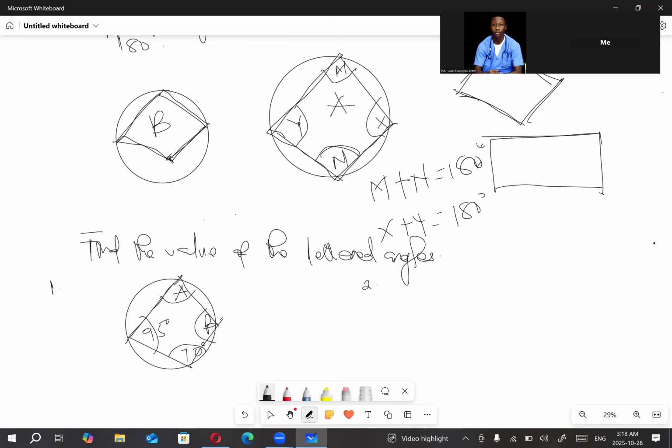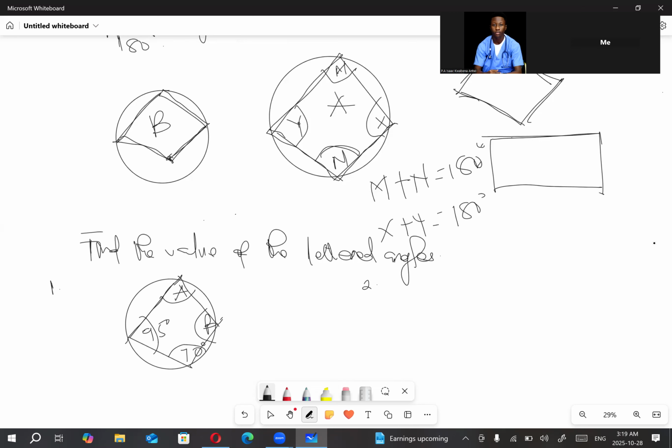It's cyclic because you mentioned it must lie in a circle. So it's the four-sided polygon, the quadrilateral, that must lie in a circle.